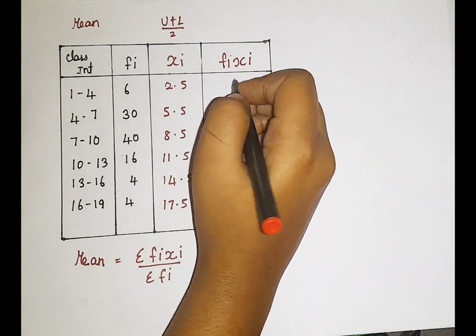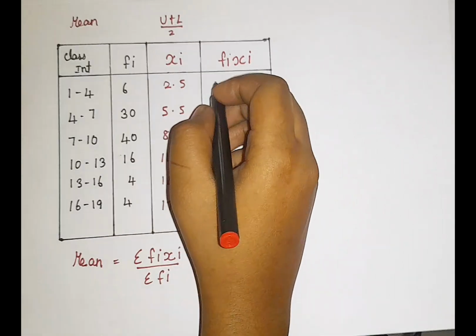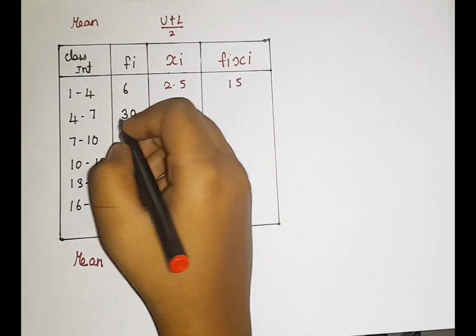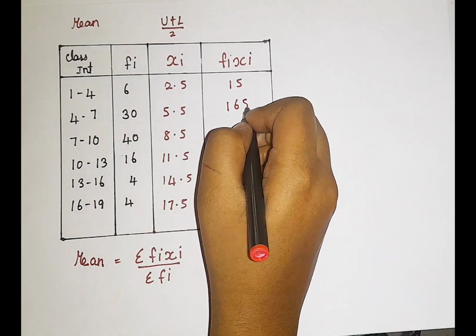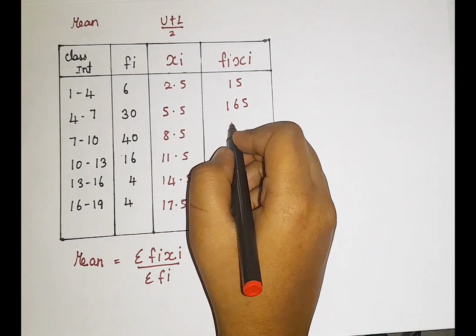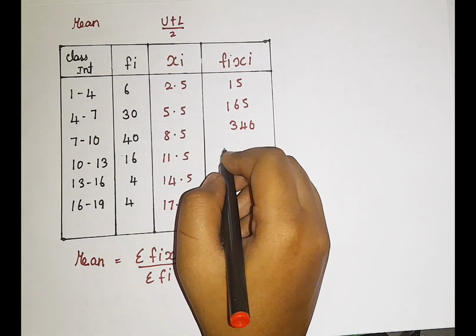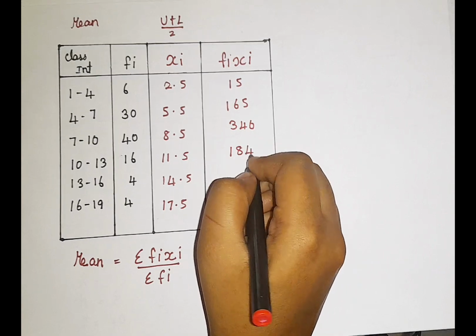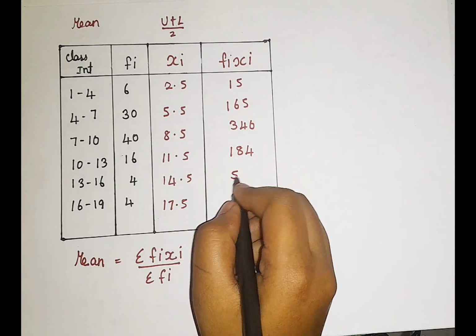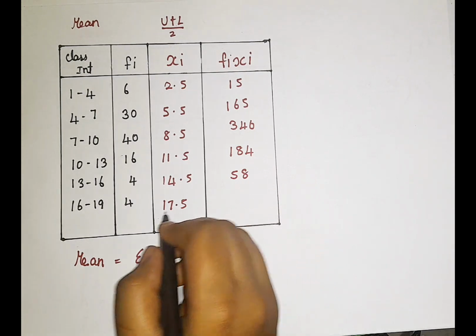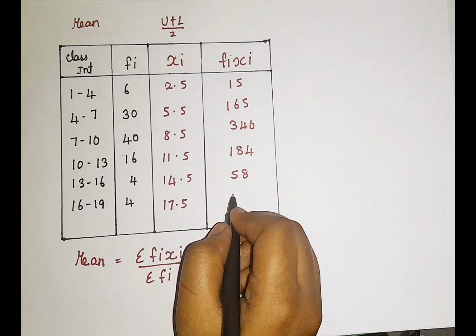Now, since we got the xi value, let us find the fi xi value. So fi xi means fi into xi. So 6 into 2.5 is 15, 30 into 5.5 is 165, and here when we multiply we will get 340, and here 184. 4 into 14.5 is 58, and 4 into 17.5 is 70.